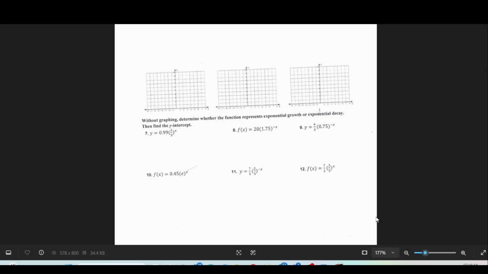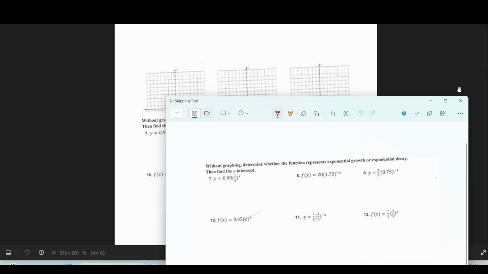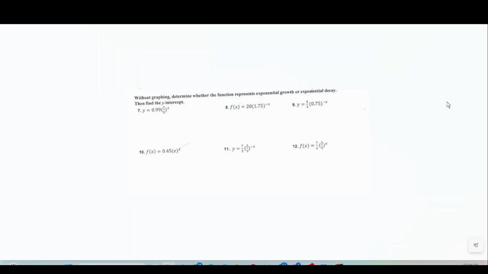Without graphing, determine whether the function represents growth or decay. Then find the y-intercept. Okay. So first is 0.99. So if the base is between 0 and 1, if it is less than 1, then it is decay.